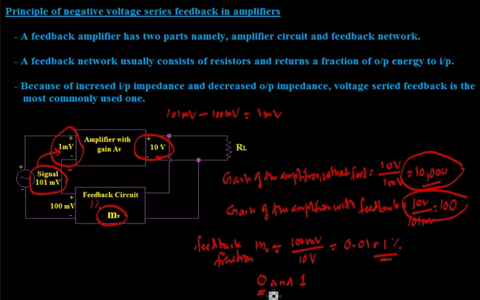So actual feedback will be between these two, that is either there is no feedback or the total output voltage is fed back. So the feedback fraction will lie between 0 and 1.